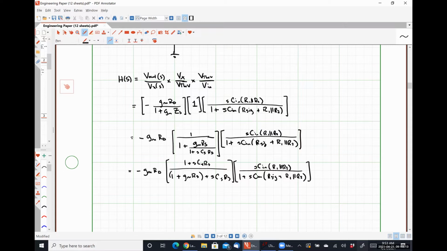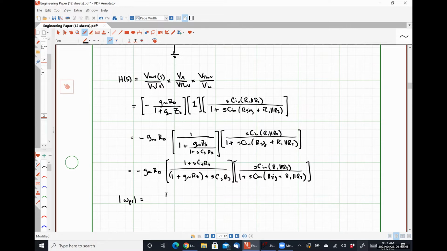I have expressed the transfer function in this way because this is exactly of the form that I talked about earlier. Negative gm RD is my mid-band gain. Then I have my zeros on top and my poles on bottom. And so from that, I can see the magnitude of my pole frequencies.